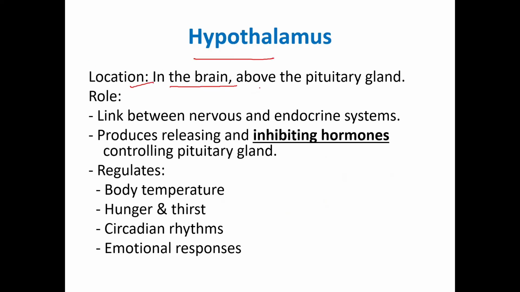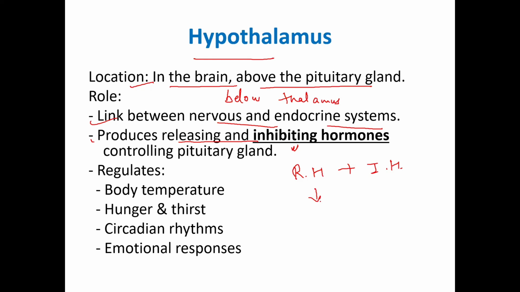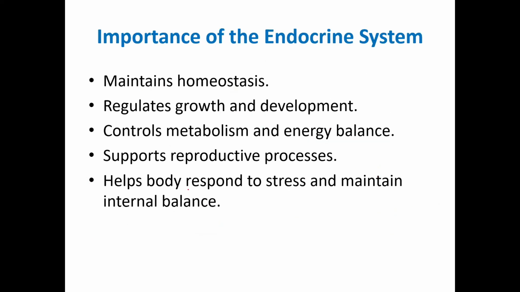It links the nervous and endocrine systems and produces releasing and inhibiting hormones. Releasing hormones stimulate the release of hormones, whereas inhibiting hormones inhibit the release of further hormones. It regulates body temperature, hunger and thirst, circadian rhythm, emotional responses, etc.